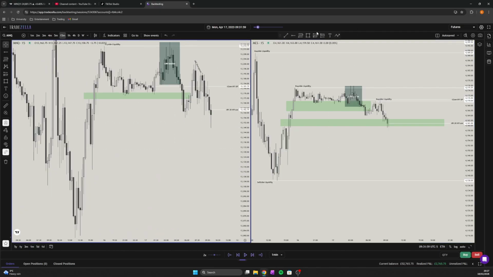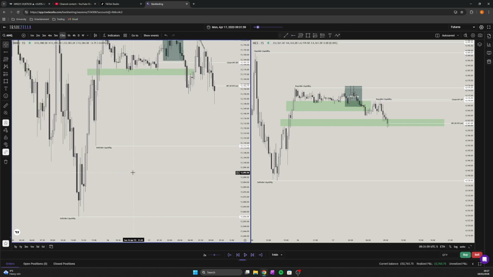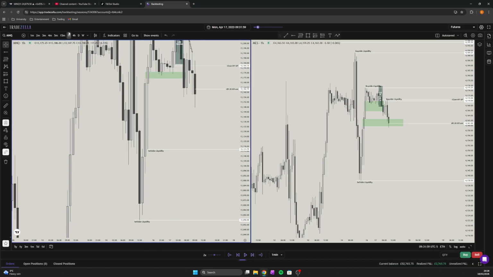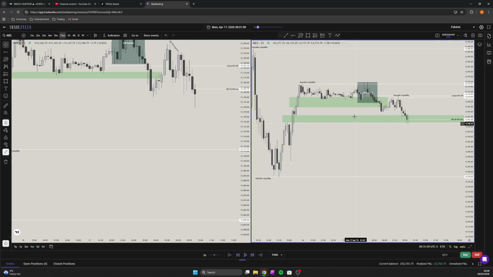There's not really a lot of draws on liquidity here apart from these lows. Check the hourly. Nothing there of importance. Mark it out on the other time frame. It's on the 15-minute.